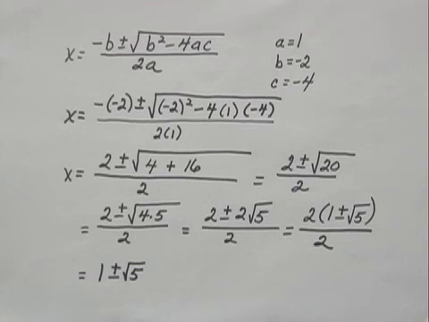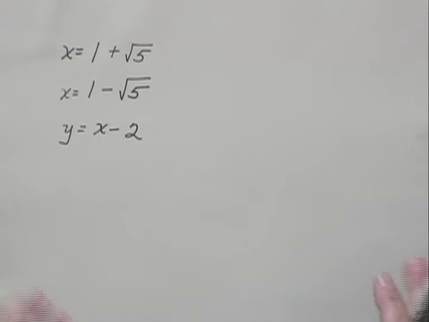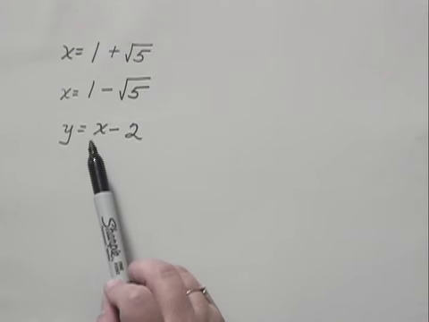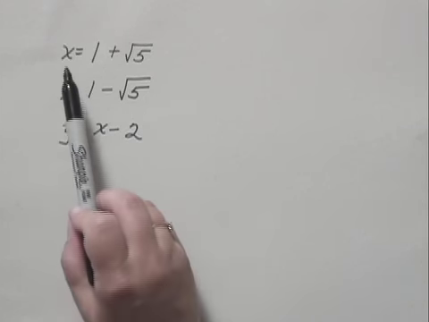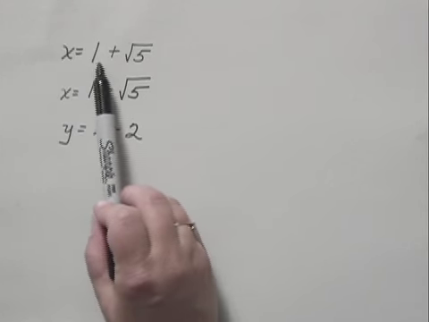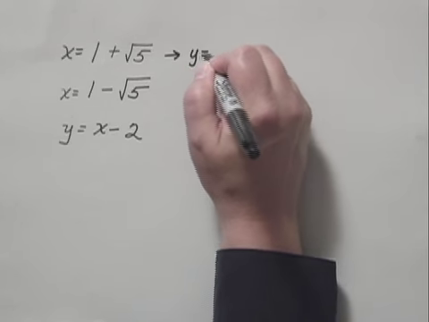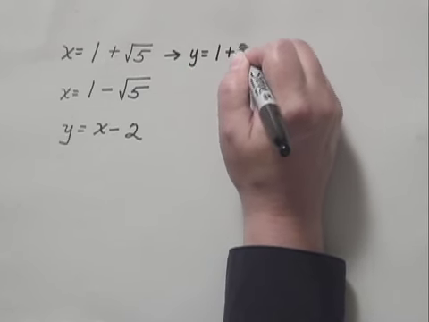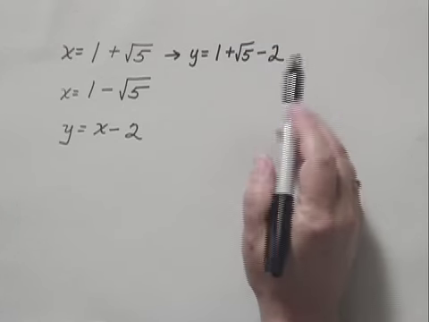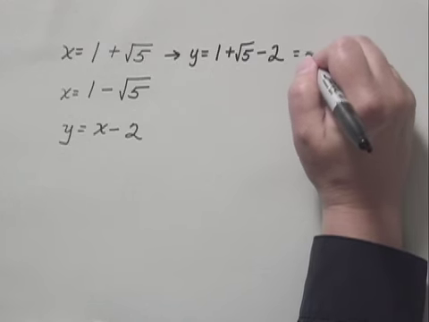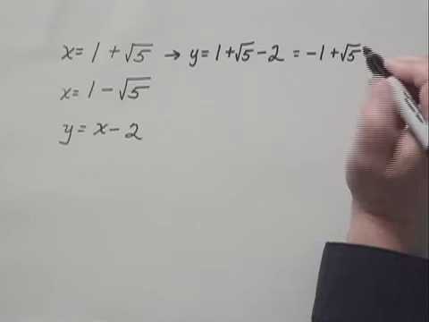We now need to find y. So we list the two values for x, and we list the relationship. We know that y is x minus 2. So when x is 1 plus the square root of 5, then y is going to be 1 plus the square root of 5 minus 2. 1 minus 2 is -1, so that will be -1 plus the square root of 5.